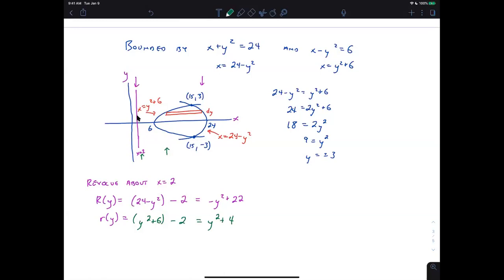Everybody good? All right, and so the volume then is pi times big R squared minus little r squared. So negative y squared plus 22, squared, minus y squared plus 4, squared, times the thickness dy. And now we want to add for all of the y's within the region.